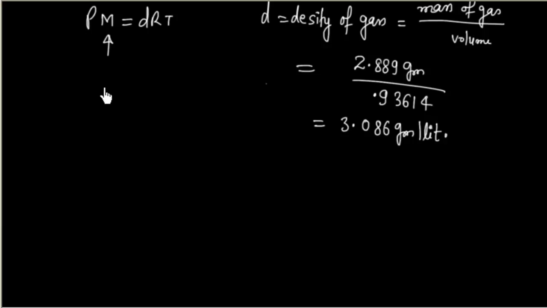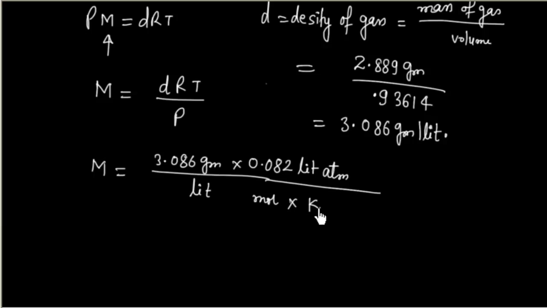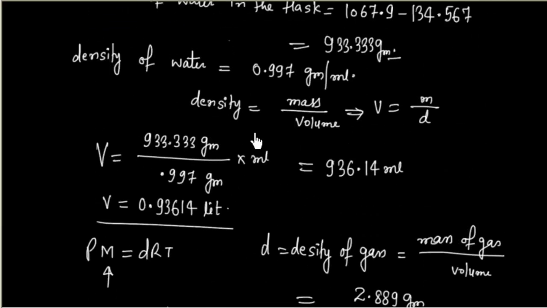Now we can use the formula PM is equal to dRT to calculate the molecular mass, that is nothing but dRT by P. So M is equal to d, which is 3.086 gram per liter, and R is 0.082 liter atmospheric pressure per mole Kelvin.